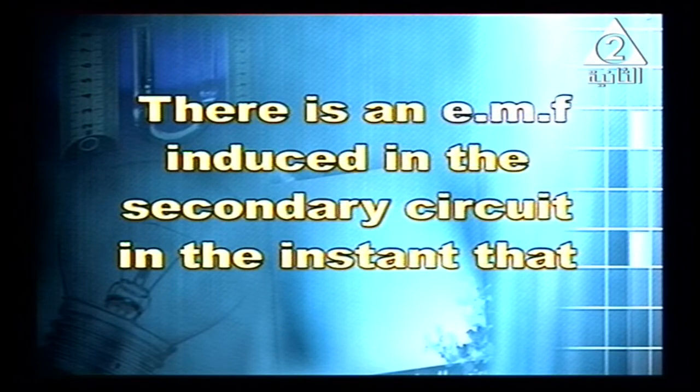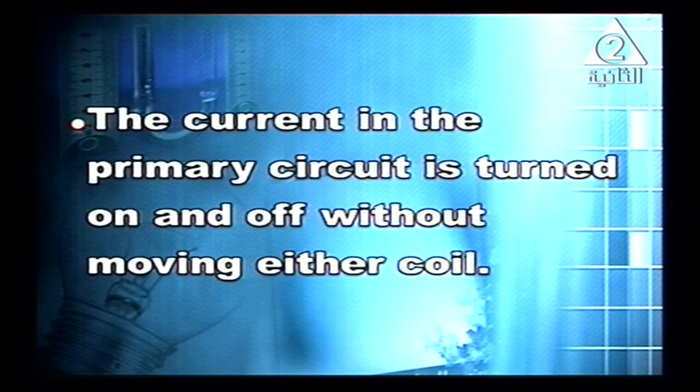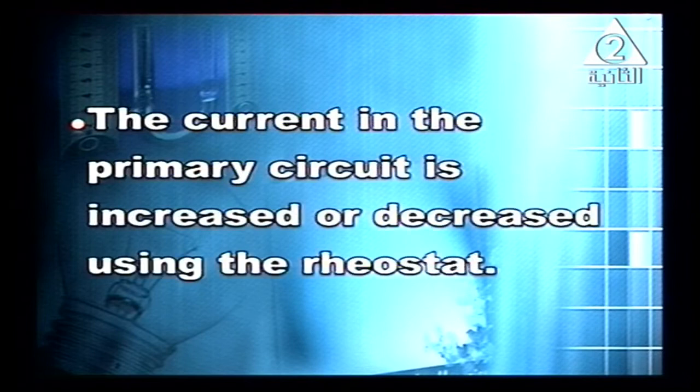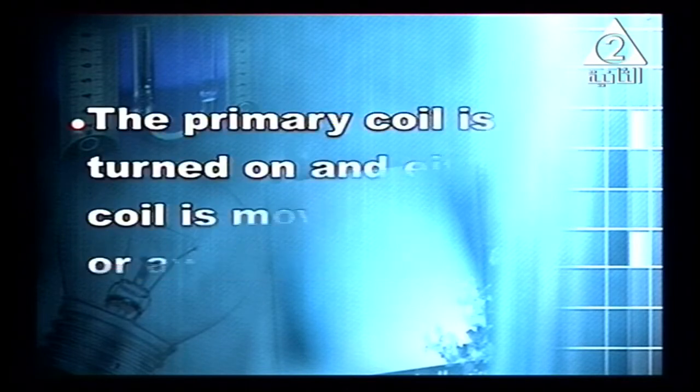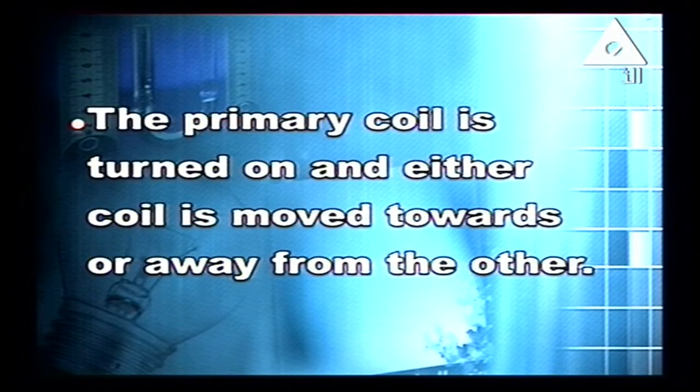There is an EMF induced in the secondary circuit in the instant that the current in the primary circuit is turned on and off without moving either coil. The current in the primary circuit is increased or decreased using the rheostat. The primary is turned on and either coil is moved towards or away from the other.